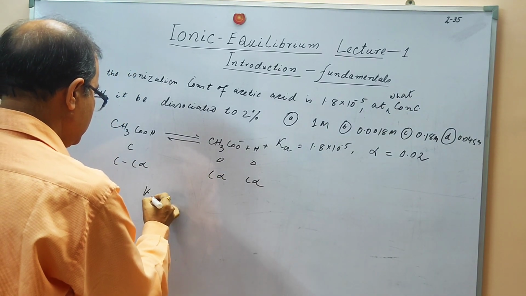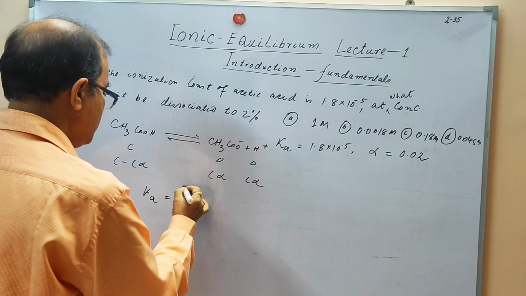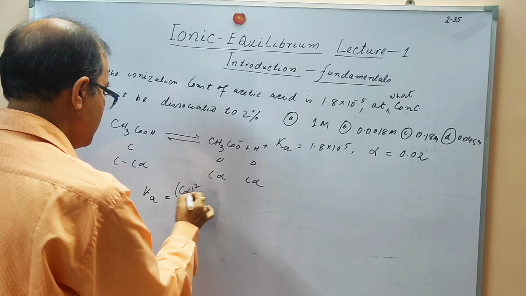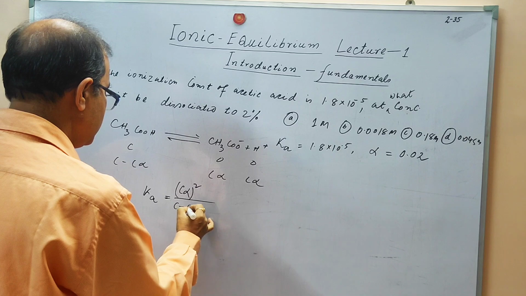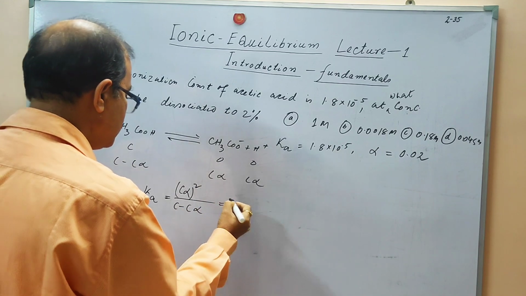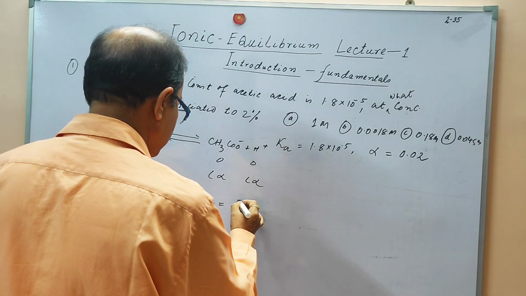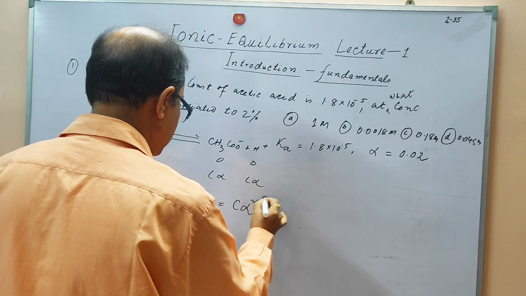So you get Ka is equal to C alpha whole square divided by C minus C alpha, and that is given by this formula, that is C into alpha square.